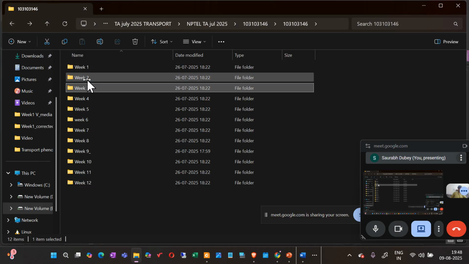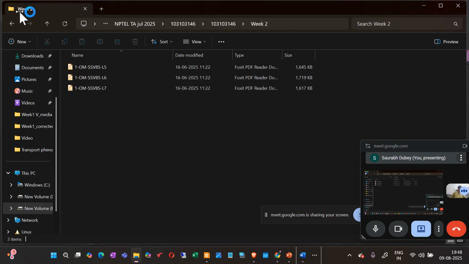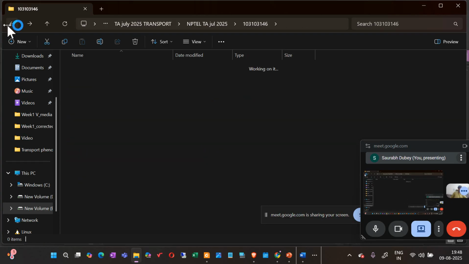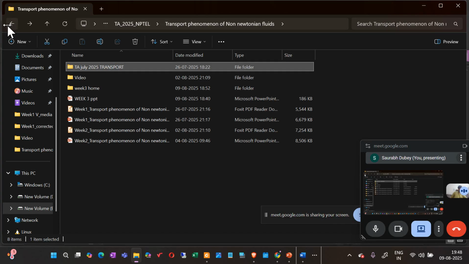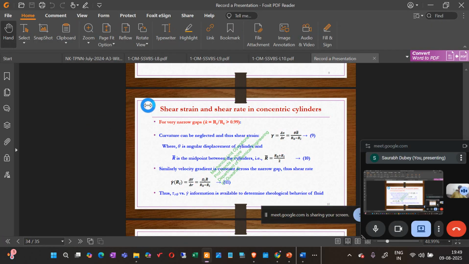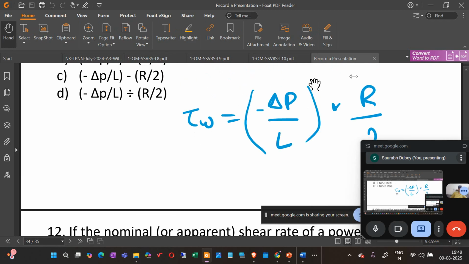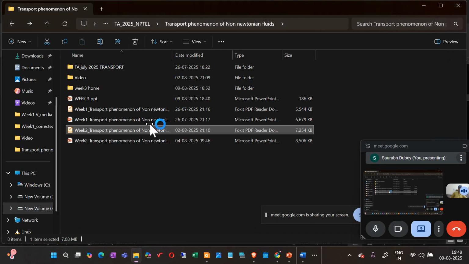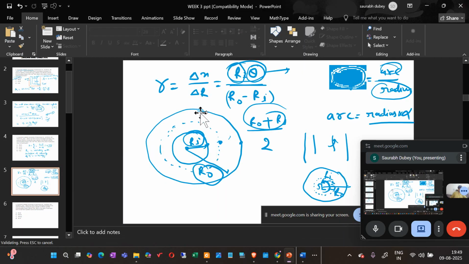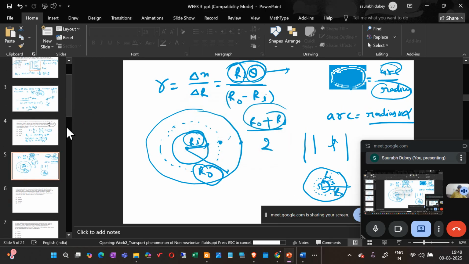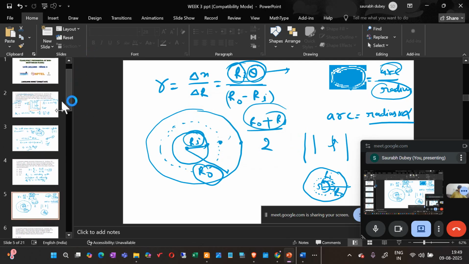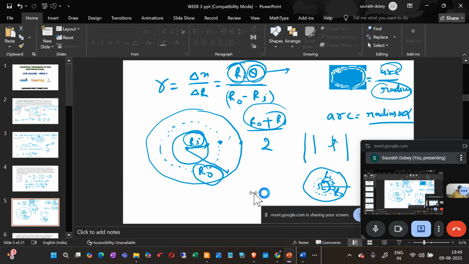The properties of fluids, let me just open that slide. It is here only. No, it's not here. It is week 2, the curve which is giving you differences between different fluids, right? It is not coming up.